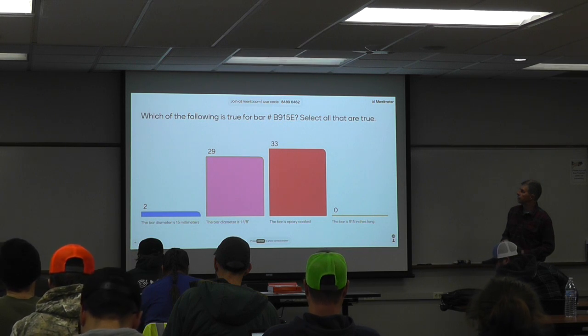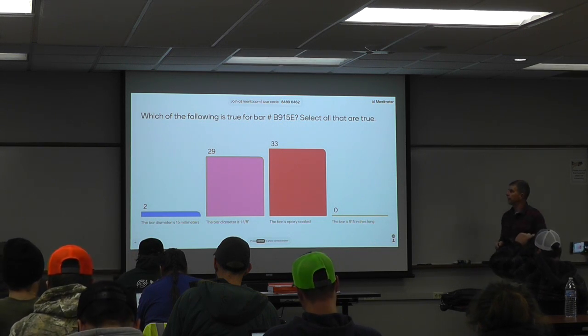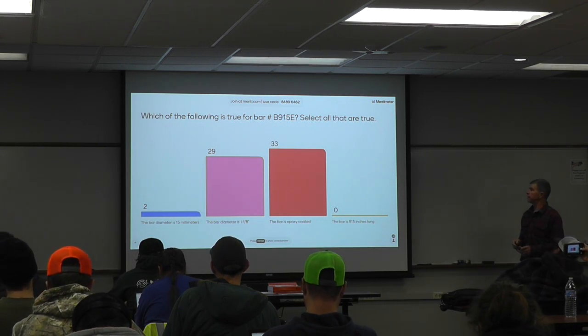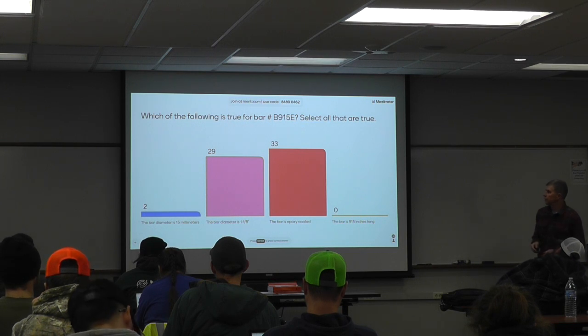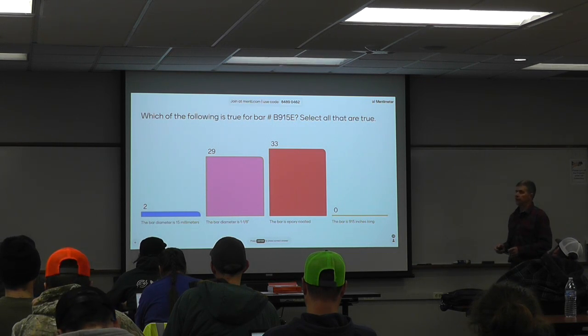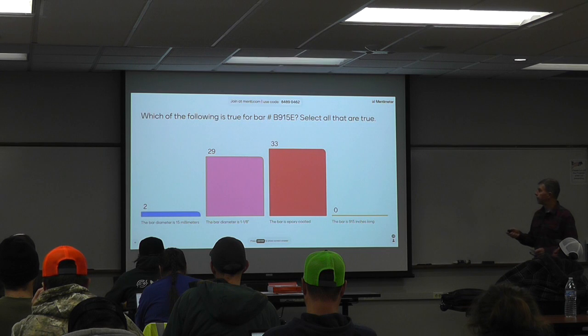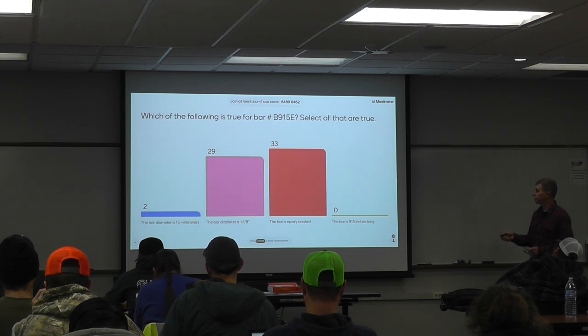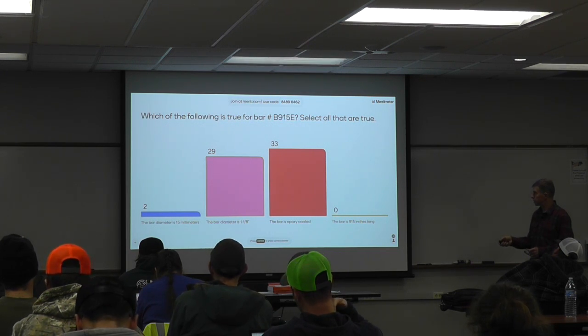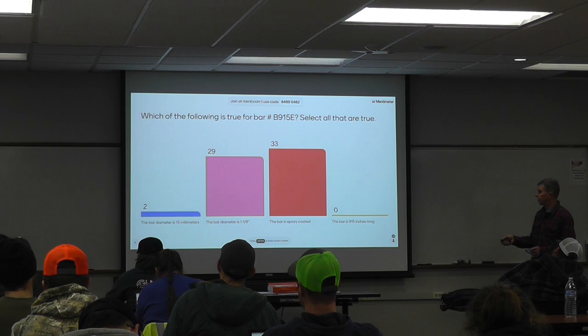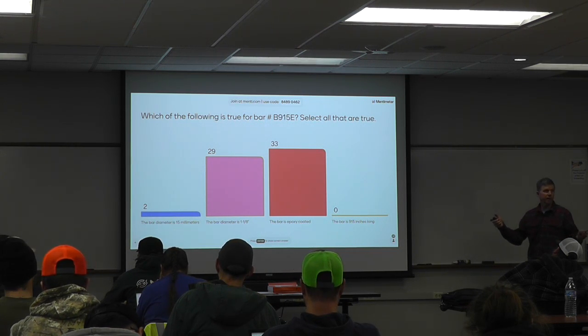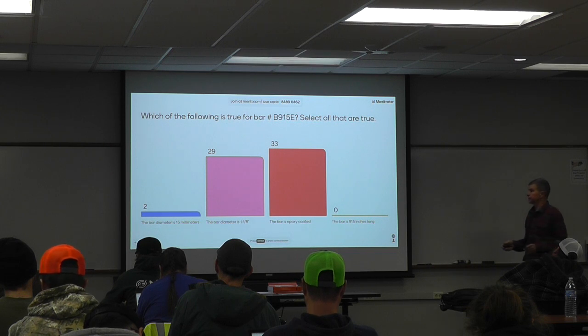Which of the following is true for a rebar that has a designation B915E? Select all that are true. First one, bar diameter is 15 millimeters. No, not all of our bars are English measurements, and this second one is correct. It's in 1/8 of an inch, so 9/8 of an inch would be 1 1/8 inch. So that is true.